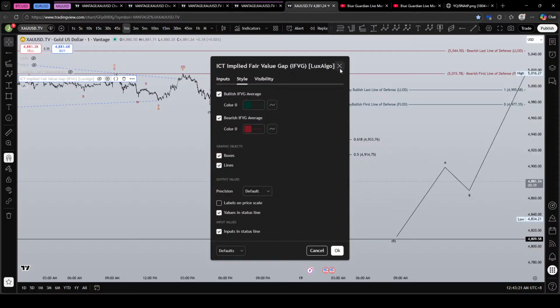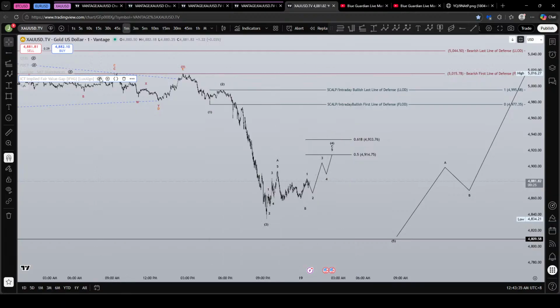If you're not yet familiar with this implied fair value gap, allow me to quickly explain to you how to identify an implied fair value gap and how to use it as a possible refined entry. So allow me to activate this and let me just scan.